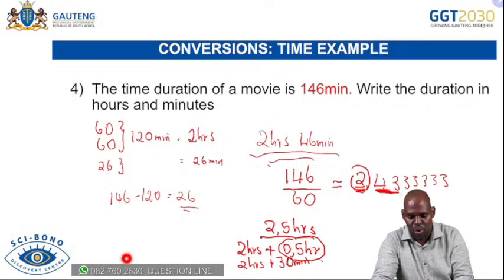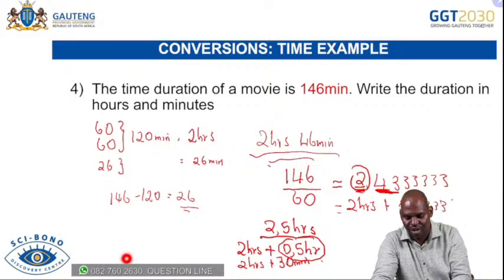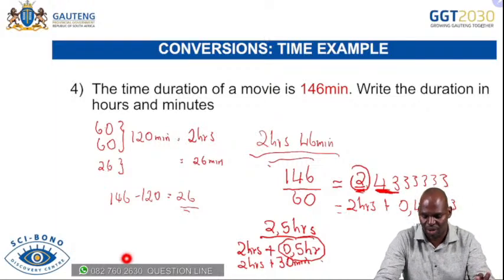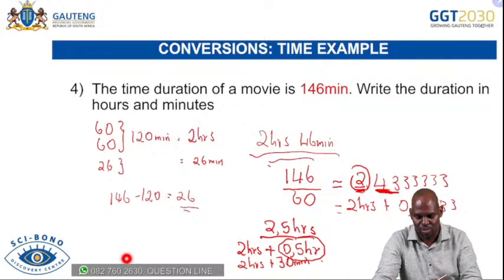But now, how do we convert this? We say 2 hours plus a fraction, which is 0.43333. The more digits you take after the comma, the more accurate your answer is going to be. So if you take 0.4333 and multiply by 60, it's going to give you about 25.99, which is almost 26.